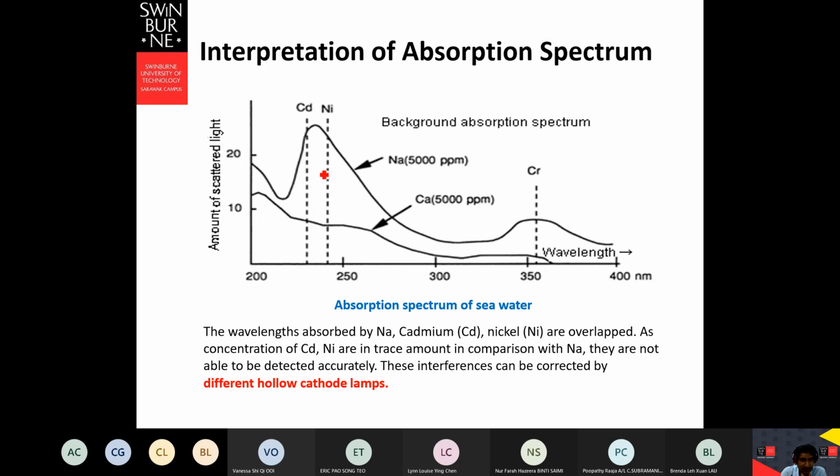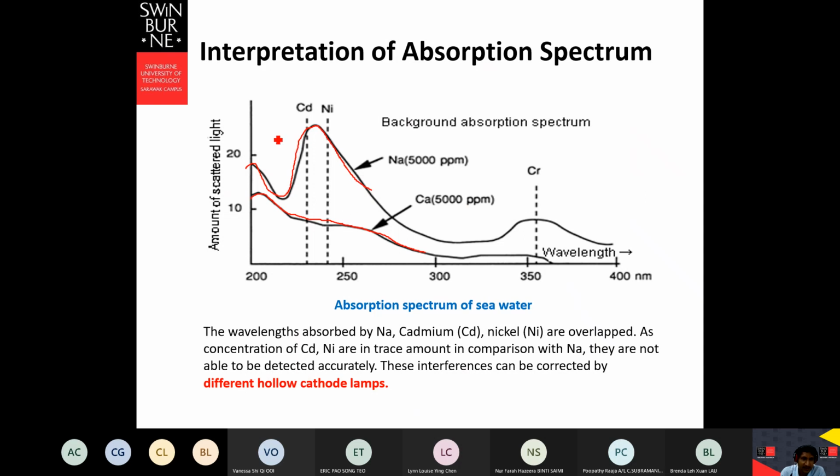This one is telling us this is calcium, and this one is telling us about sodium, in the spectrum.